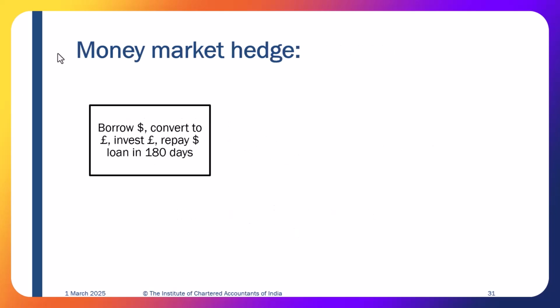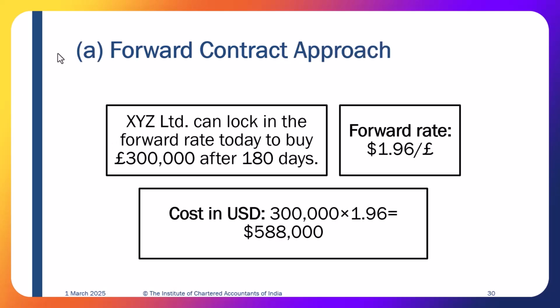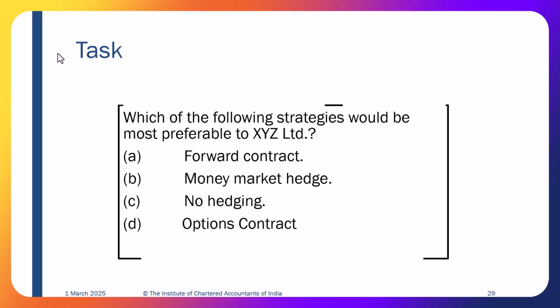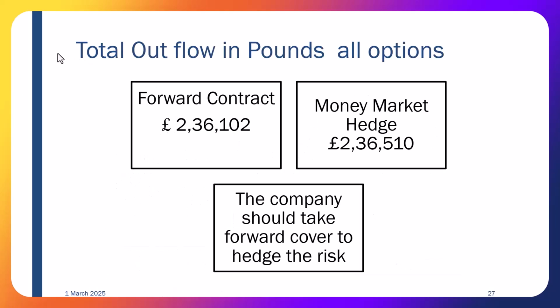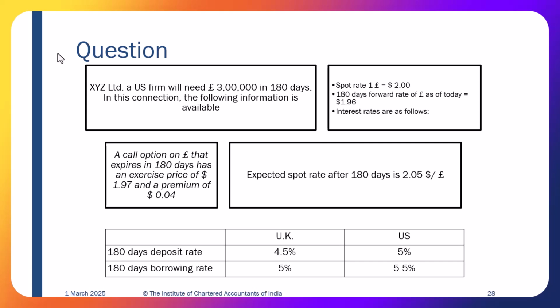Now in a money market, what are you? You are an importer, because you have to pay in pounds. Let's go back: a US firm needs pounds, so you need pounds and you are in the USA, an importer.